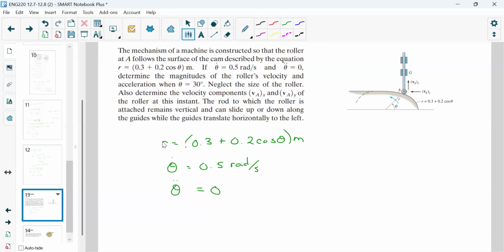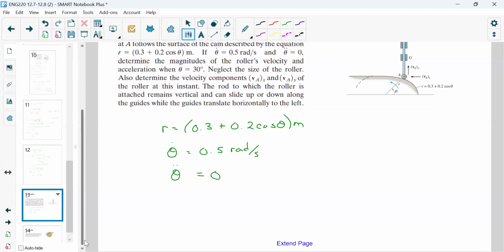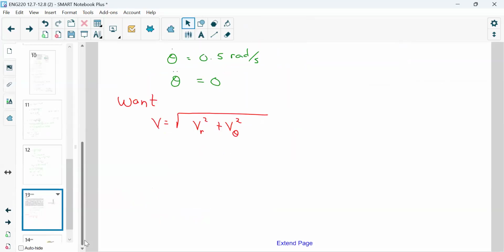All right, so velocity, this is what we want. So this is what the problem is asking for. It wants to know the magnitude of the velocity. So that's going to be the square root of the velocity r term squared plus the velocity theta term squared. Okay, it also wants acceleration.